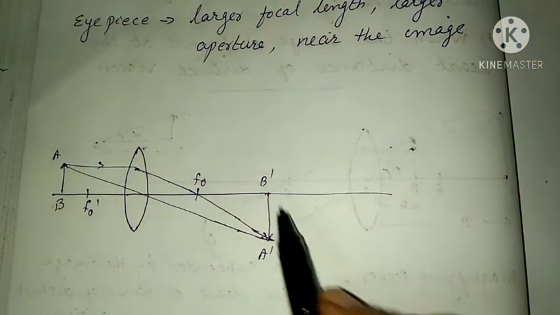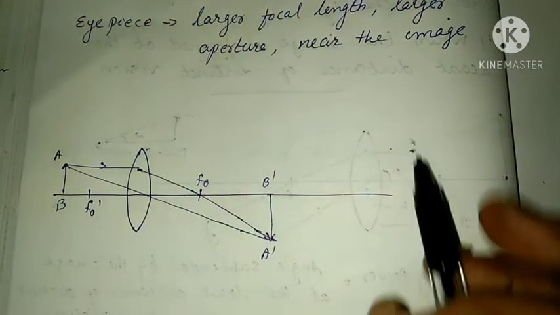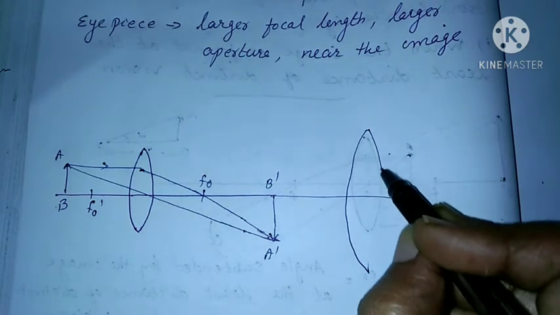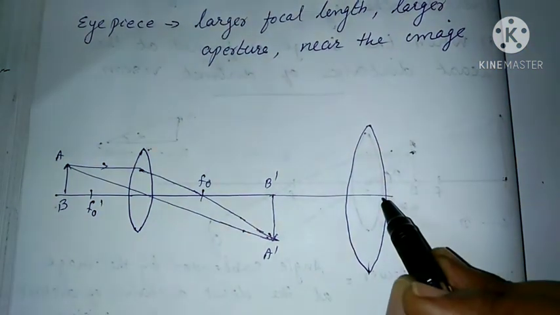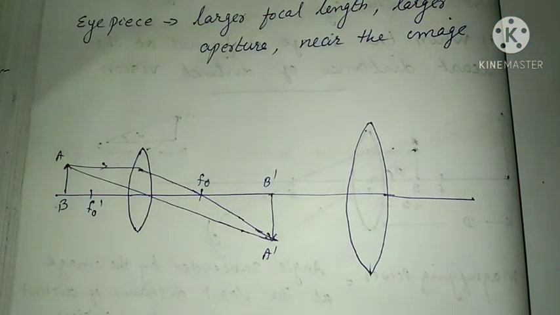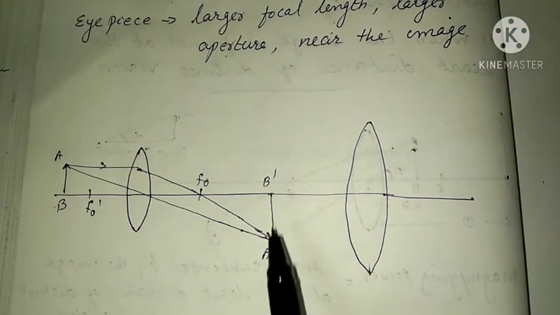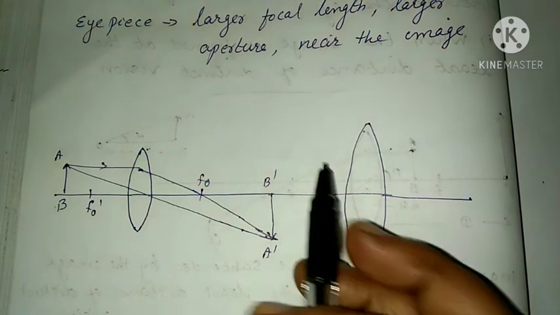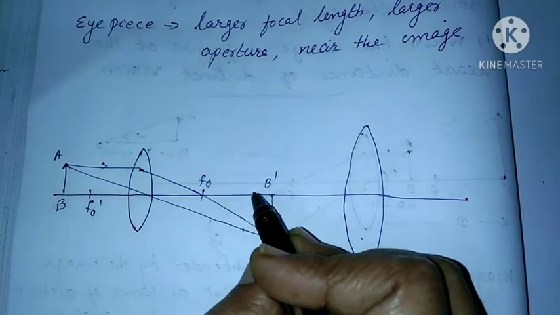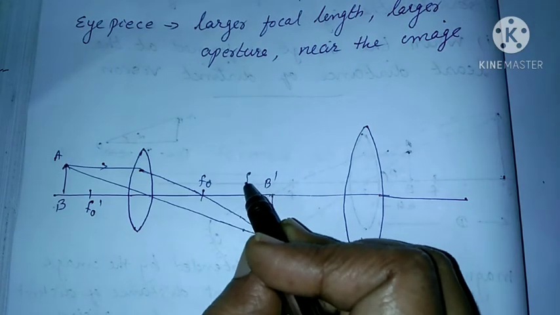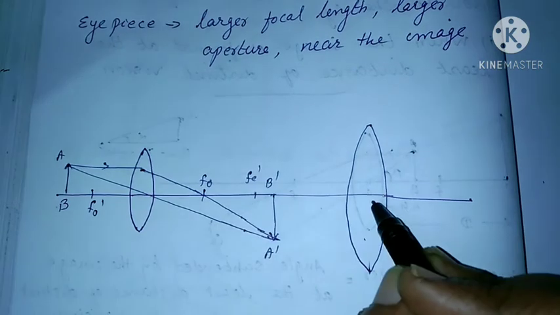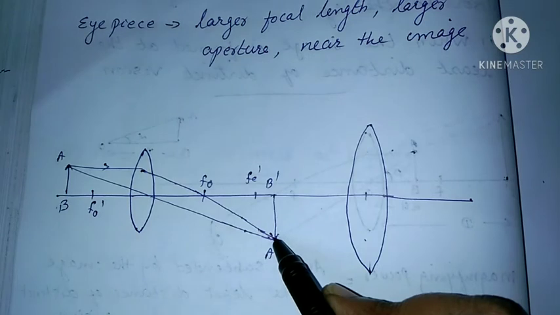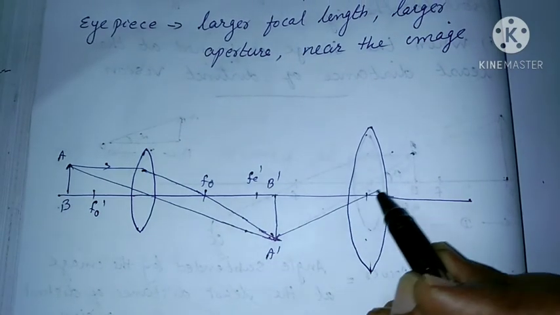Then this image acts as an object for the eyepiece. Eyepiece has large aperture and large focal length. So we should place this in between the focus of the eyepiece and the optic center. Clear? Then again, from here also one ray passes through the optic center.